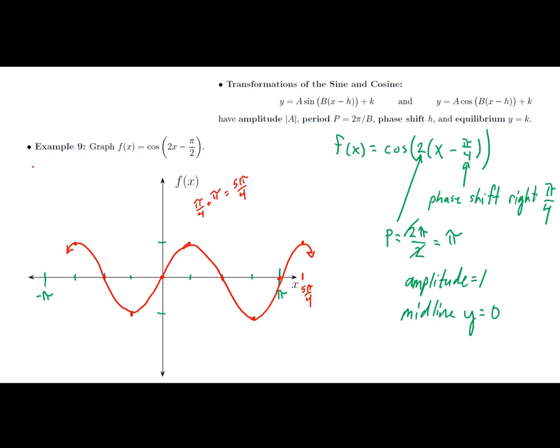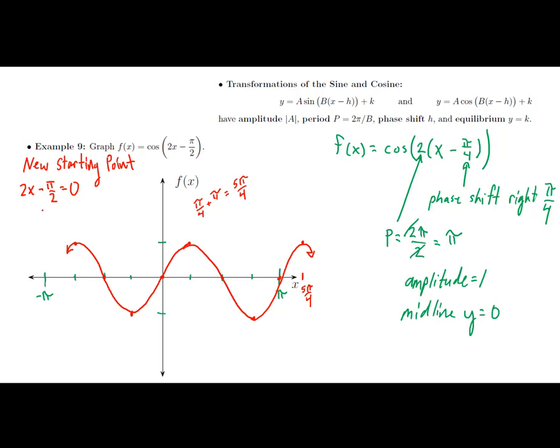So to figure out the new starting point, it would be when the thing inside of the cosine is equal to 0. So take 2x minus pi over 2 and set it equal to 0.